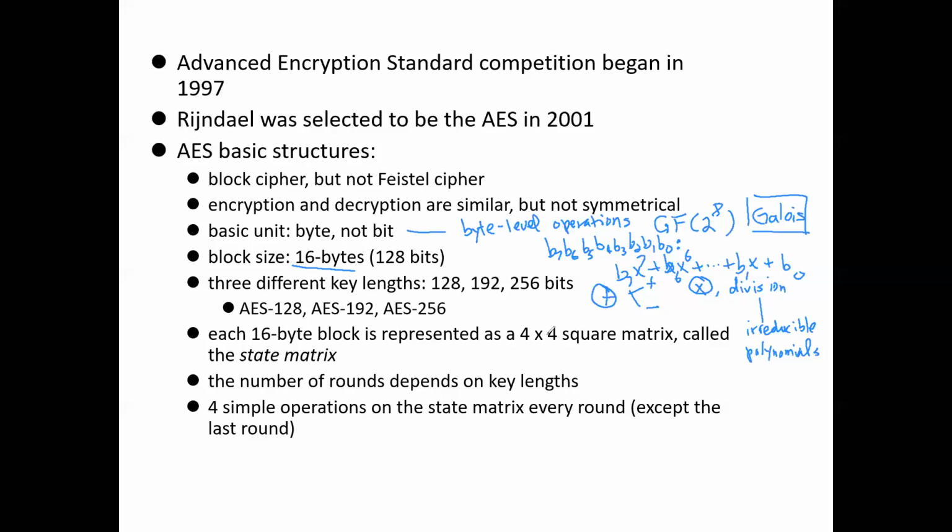To represent these 16 bytes, we got A00, A01, A02, A03, and the last row is A30, A31, A32, and A33. Each of these Aij is a byte, so you have 16 bytes. That is your block.